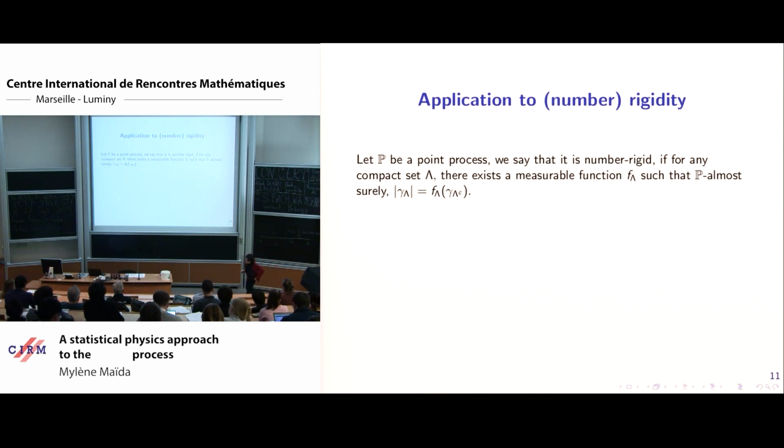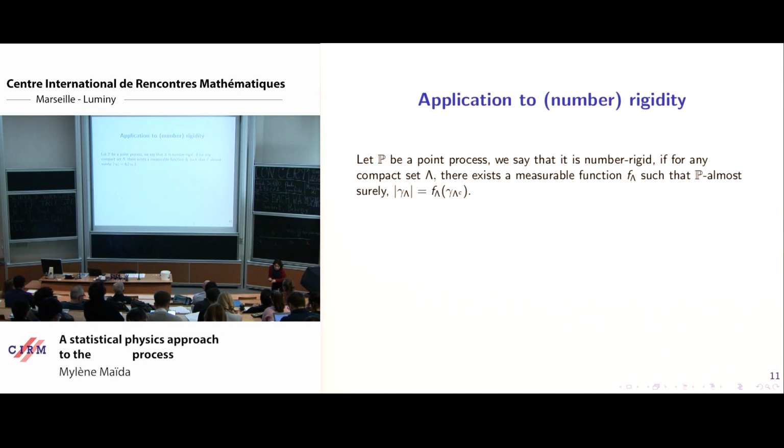So a point process is a probability measure on random measures of configuration of points, and we say that it's number rigid if for any compact set lambda there exists a measurable function f lambda such that P almost surely the number of points inside lambda is a function of the number of points of the configuration outside.